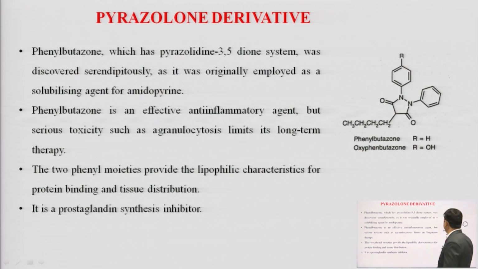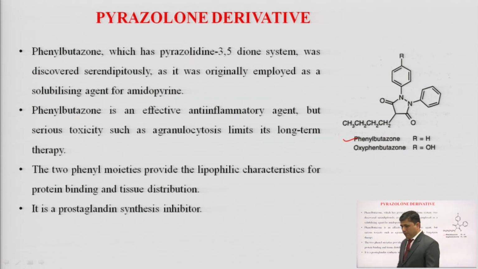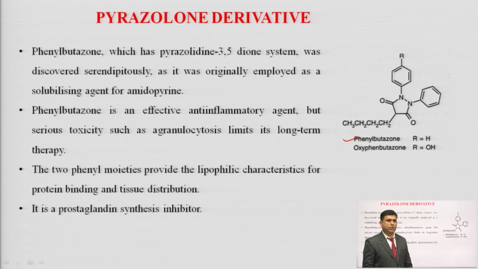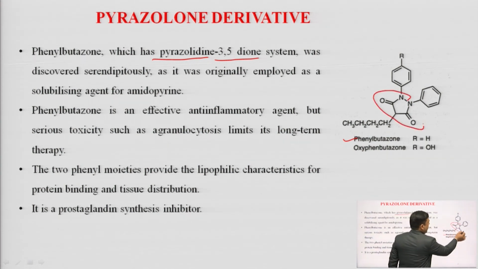Another improvement of these pyrazolone derivatives is phenylbutazone and oxyphenbutazone. Phenylbutazone is a derivative of the pyrazolidine 3,5 dione system.